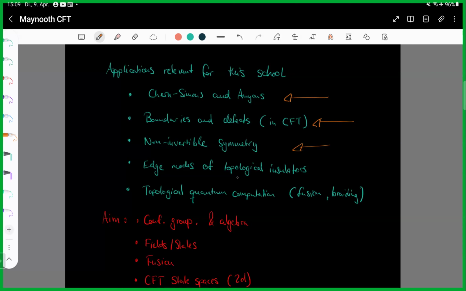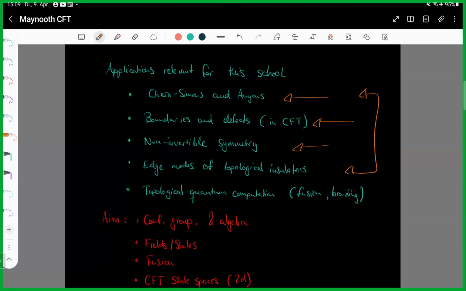Then there's also going to be a class on topological insulators, and that comes back in the context of CFT. The Chern-Simons and the topological insulator parts together give rise to an application of conformal field theory.